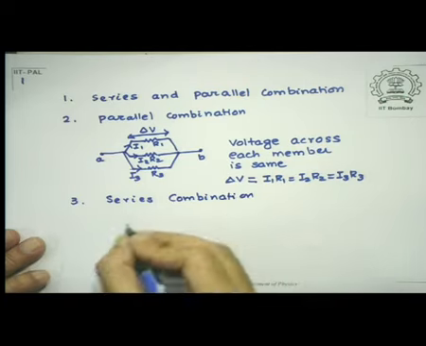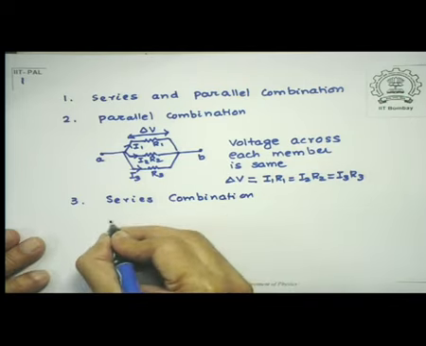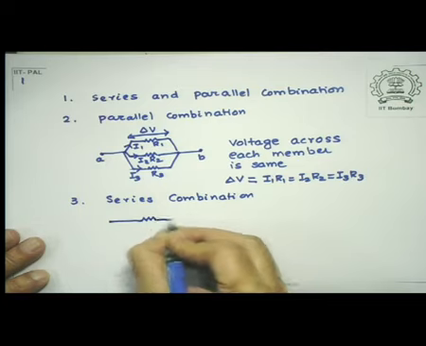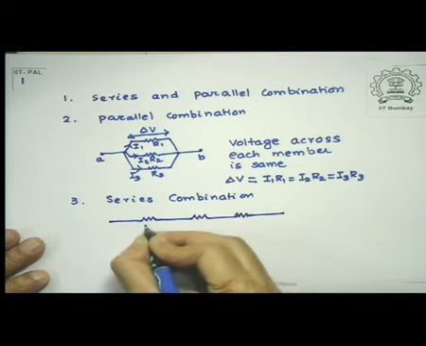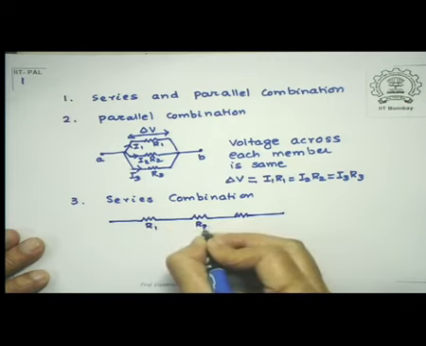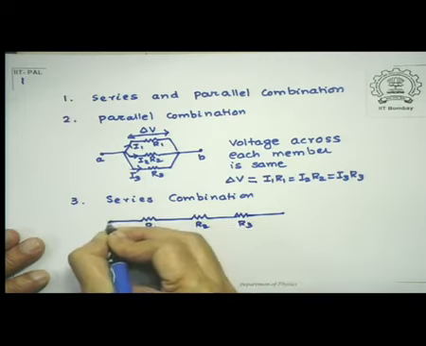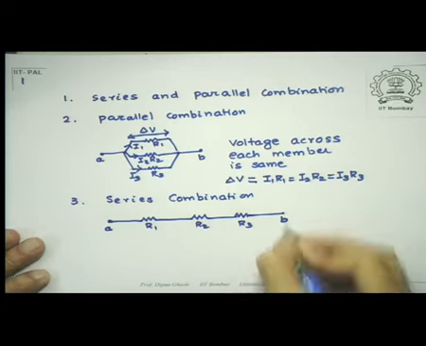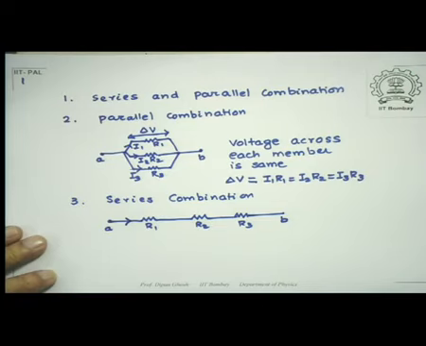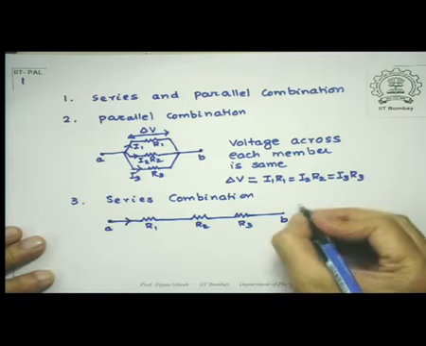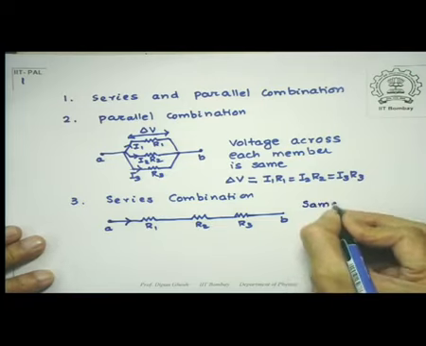So that's one. We next defined what is called a series combination. That's of course a much simpler one. So there what happens is this, that there are various resistances in that combination. Let's again call them R1, R2, R3, and this is the point A to B. Now this is defined as a combination in which the same current passes through.